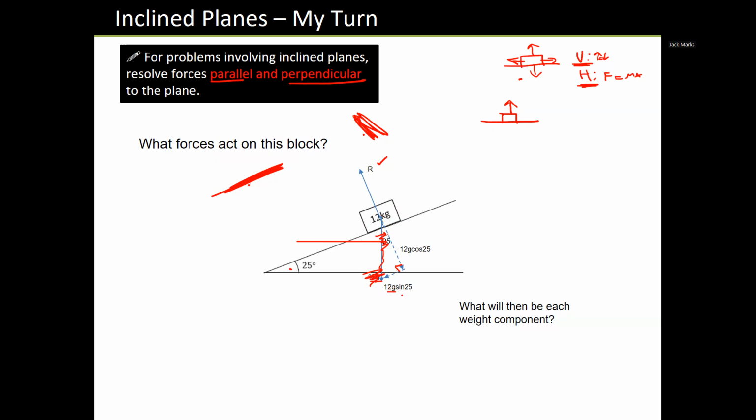And then some of it acts down the slope, which is this one here. If there's no friction in my example, can you see that these presumably are balanced because they're not accelerating. But this force seems to be on its own with no other forces around. That suggests this block is going to start accelerating downwards because there's nothing else to work against it.